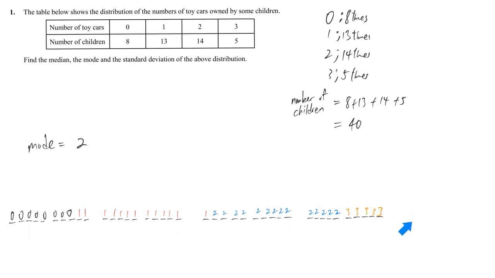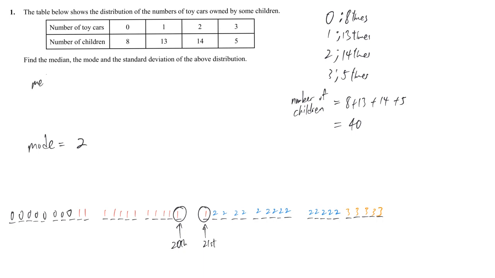So if you list out like this, it's easy to find which one is placed in the middle. This is in ascending order already, and then we find that this is the first half while this is the second half. The middle is here. We don't find the exact middle data, that's why we take the two middle data and add them together to get the average. This is the 20th data and this is the 21st data.